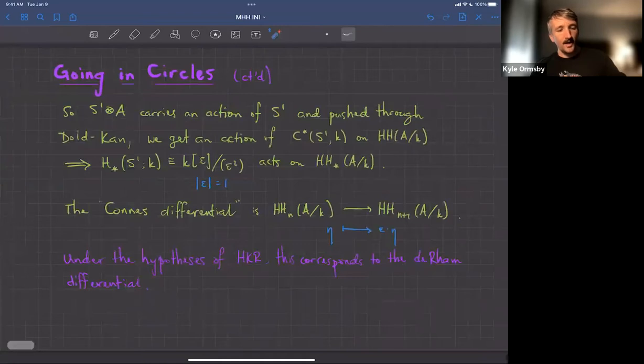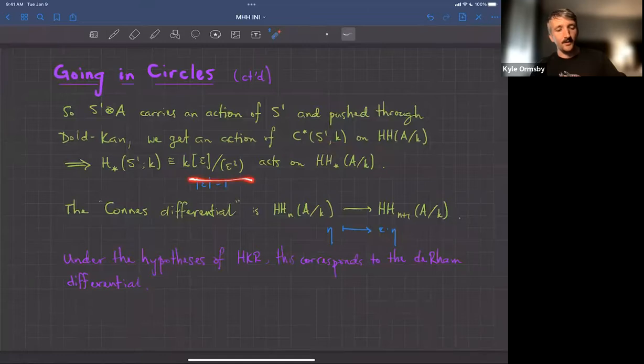That means that this Hochschild complex, more or less, carries an action of the circle. And when we push that through the Dold-Kan correspondence, we get an action of the cochains on S1 on this complex. Well, we all know the homology of the circle quite well.